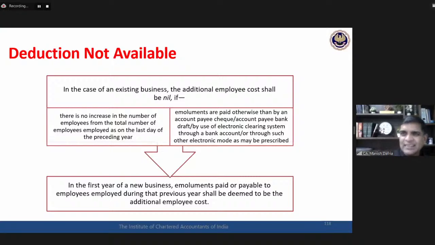This net increase requirement shall be treated as fulfilled, because on the last previous year 31st March my number of employees was 0. So whatever employees I have appointed during the year, it is a net increase. So in the case of the first year of a new business, all employees appointed during the year who qualify all other conditions will be treated as new employees, and 80JJAA deduction can be claimed.